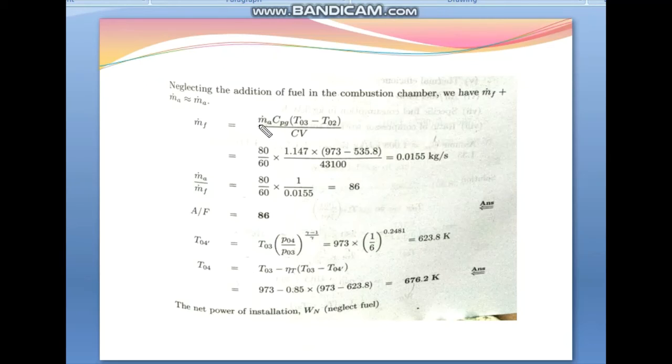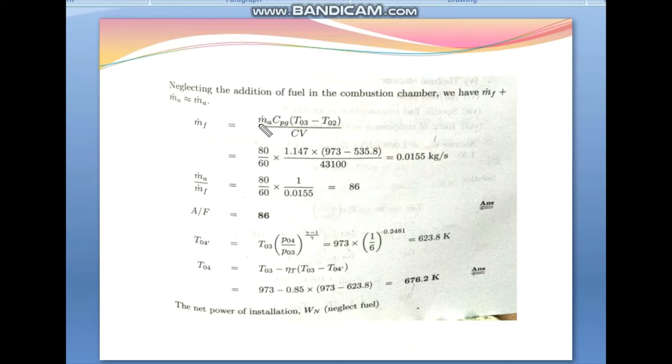That is equal to m dot a into Cp_g, the Cp of gas, into the combustion temperature difference, that is T3 minus T2, where T3 is the end combustion temperature and T2 is the temperature at the beginning of combustion, by the CV.